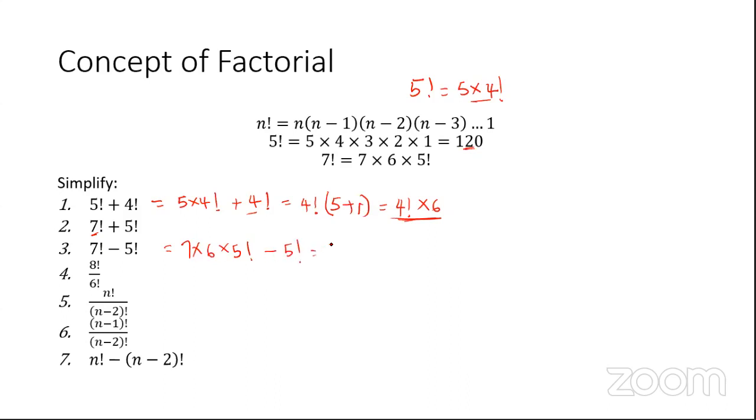So what is common? 5 factorial is common. 7 times 6 is 42, minus an invisible 1, so 42 minus 1 is 41. So you can have it as 5 factorial multiplied by 41.